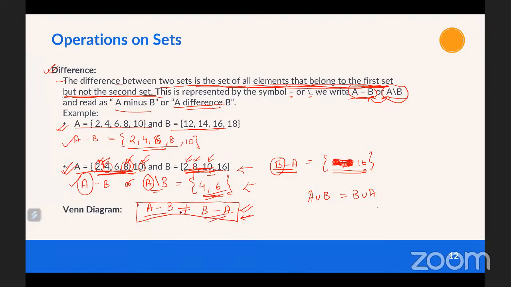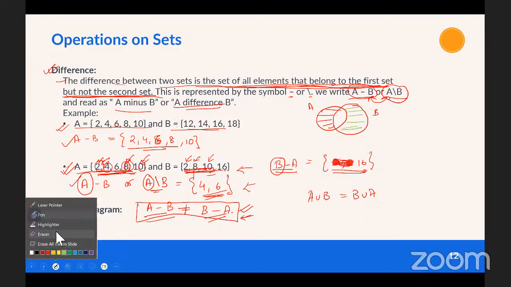You can see this in a Venn diagram also. So if you draw two sets, set A and set B, with some overlap, A minus B will be this area, but B minus A will be this area, right? I can explain once more how I'm drawing this.